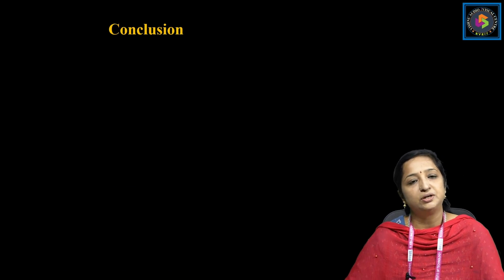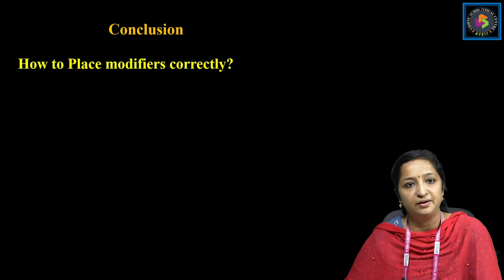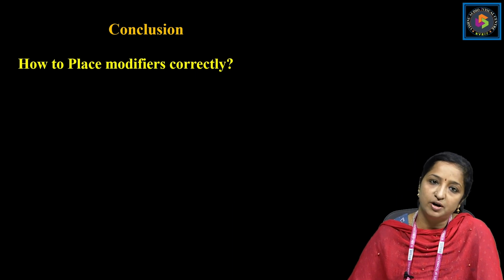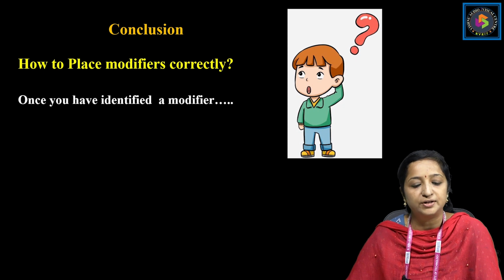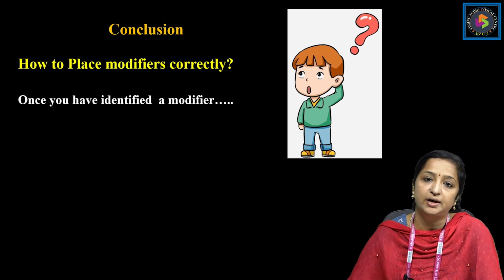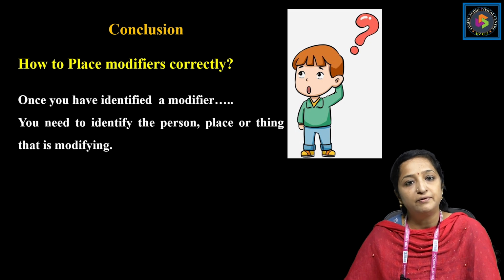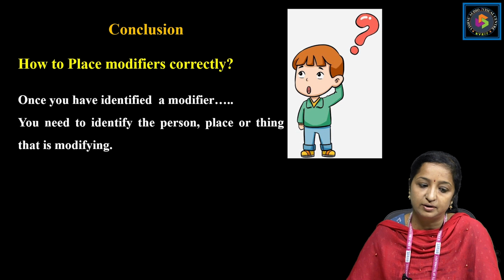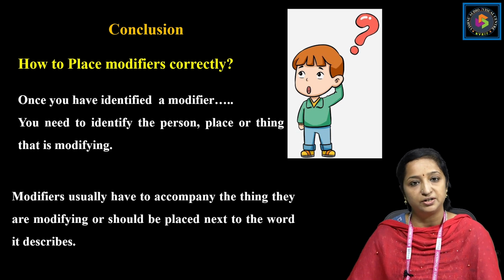So in conclusion, let us know, in a shortcut, how we can identify a modifier in a sentence and how to place modifiers correctly. Once you have identified a modifier in a sentence, then you need to identify the person, place or thing that is modified.